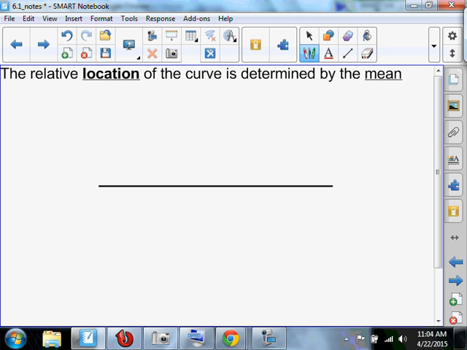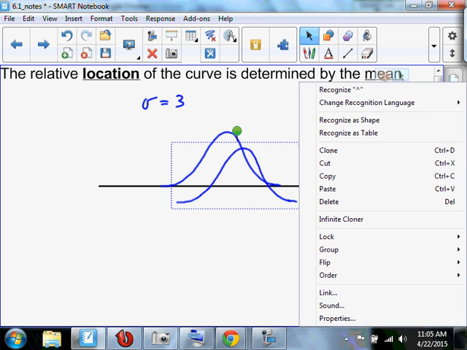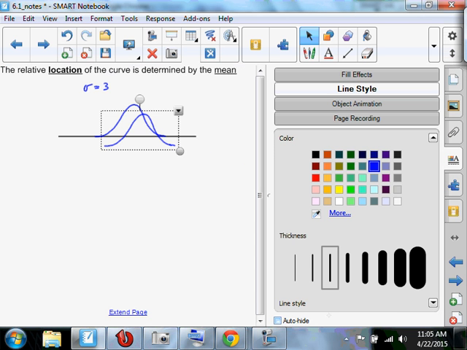So suppose we have a distribution where the standard deviation is something like 3. We might have a curve like that. Let me go ahead and clone that.